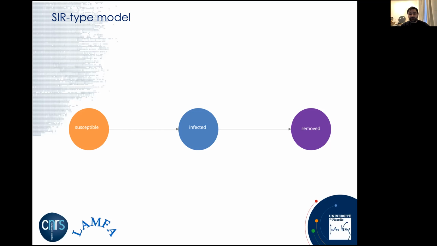You can also see other papers showing that if you use only this model, you cannot fit what happened for real. So there is something more that should be taken into account to have a good description of COVID-19. I think one of the first good ideas was to describe a little bit more who the infected individuals are.